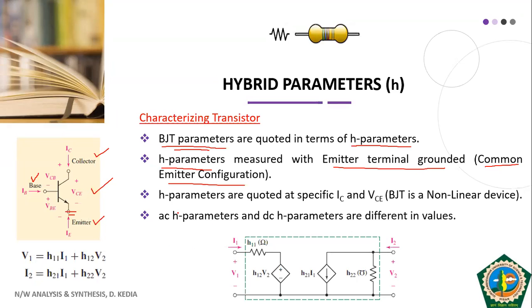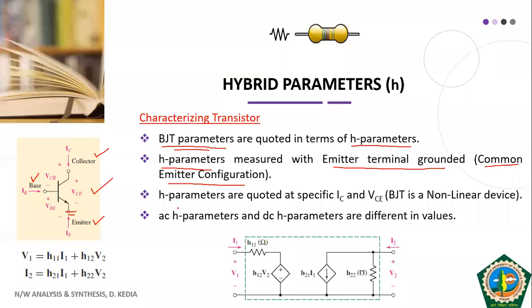Let me tell you students, up to the point where we started correlating H parameters with your BJT, we were considering our circuit as a linear circuit. If you remember, from the very beginning we assumed that our circuit is a linear circuit, and our circuit components are linear components.